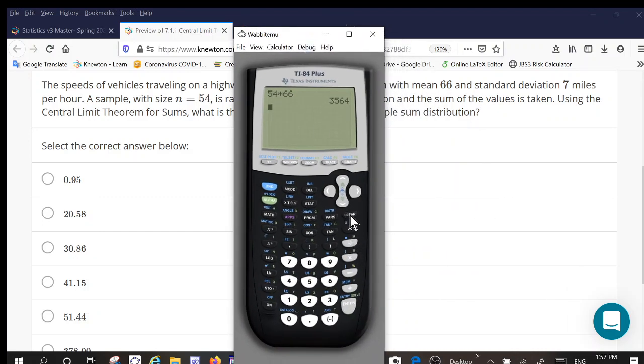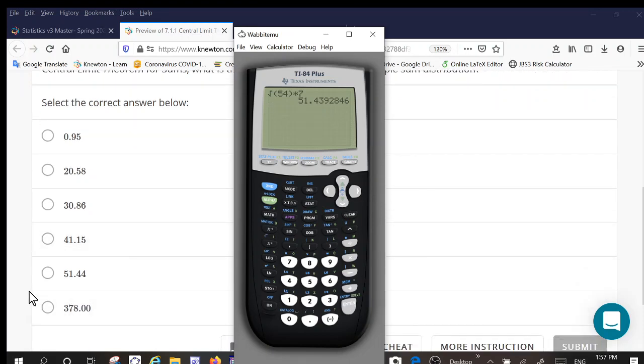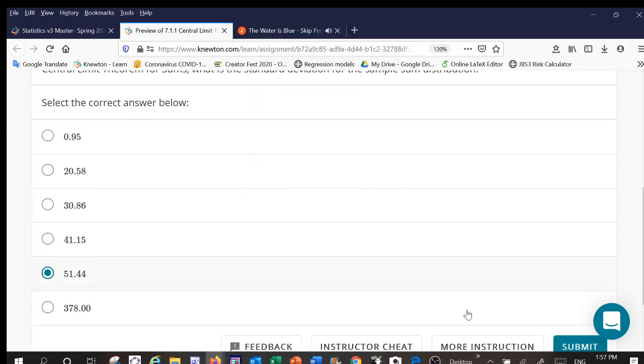Okay, well that's the mean if we wanted it. So standard deviation would be square root of 54, and don't forget to close parentheses here, and then multiply it by 7. And that is 51.44, which is this one right here. Right? All right. So let's do another problem.